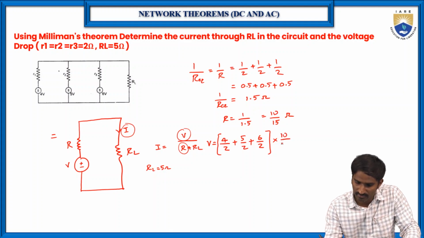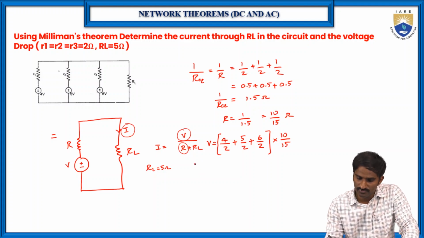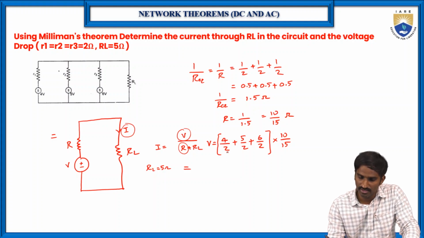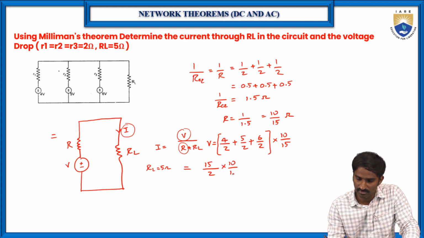Here 10/15. Then 4 + 5 is 9, plus 6 is 15. So 15/2 × 10/15. Here 15 gets cancelled and 2 fives. Then it is equal to 5 volts. So the voltage V is equal to 5 volts.